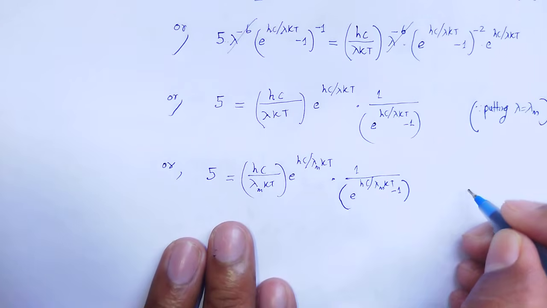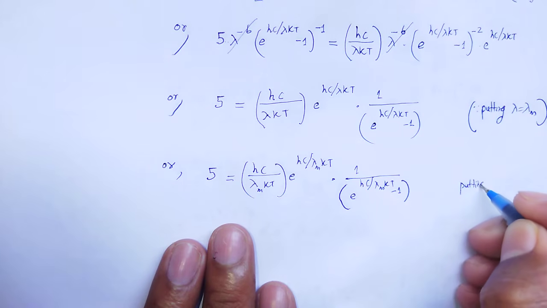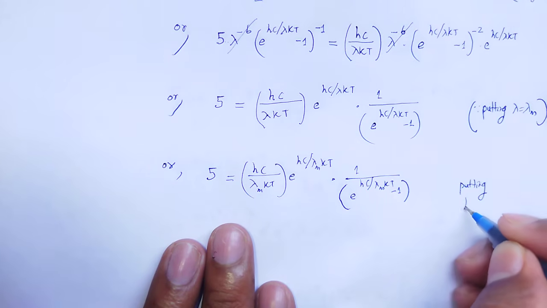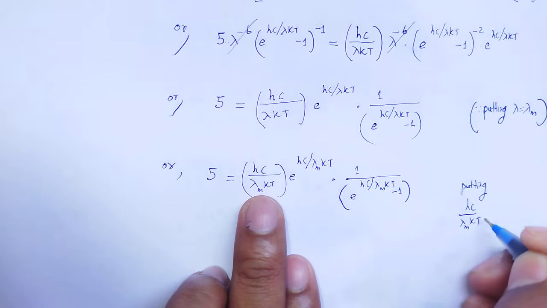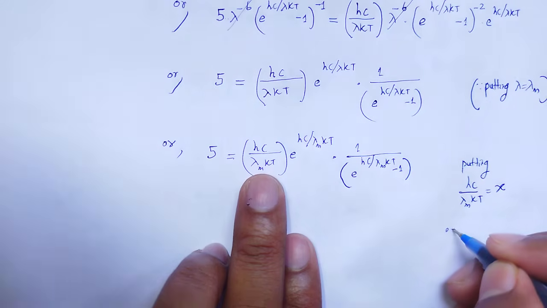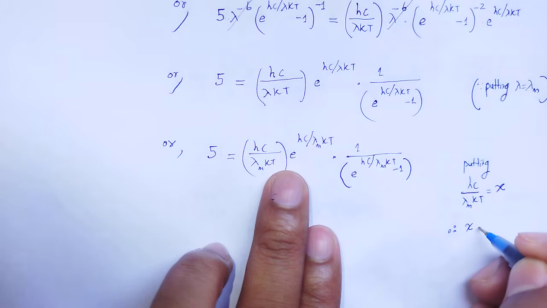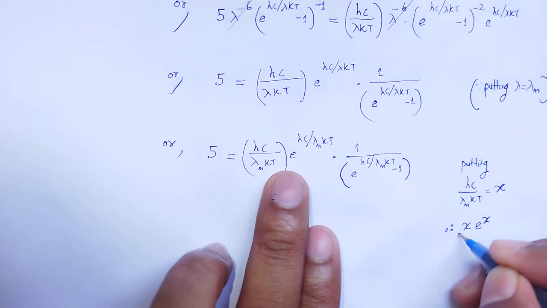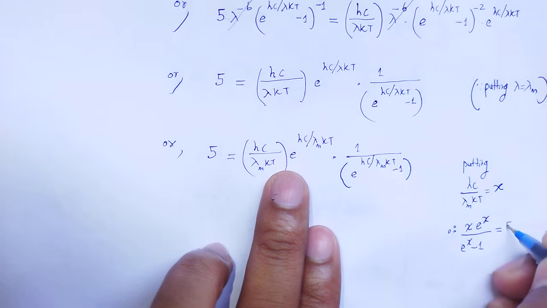Here let me put SC divided by lambda m kt is equal to x. Therefore, we obtain x e to the power x divided by e to the power x minus 1 is equal to 5.